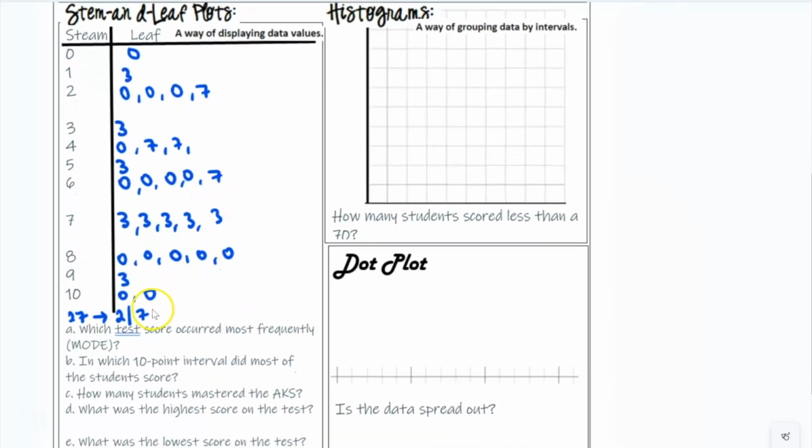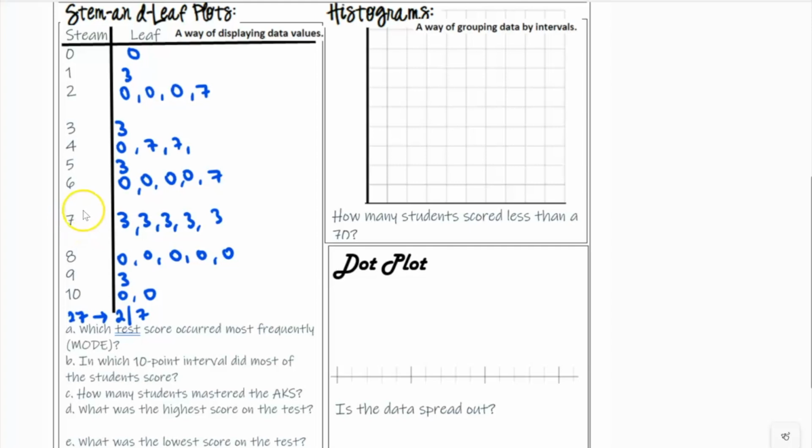All right, so let's answer some questions based on this, just by looking at it. Which test score occurred most frequently, which is called in statistics the mode? Which one happened the most? So I can see 3 zeros here, but this is 6 zeros here. This is 5 3s. This is 5 zeros right here. So it looks like these 5 are winning.